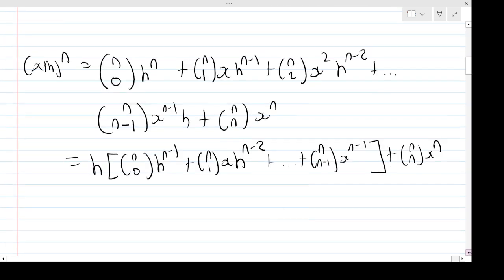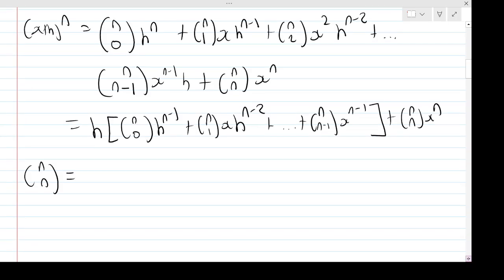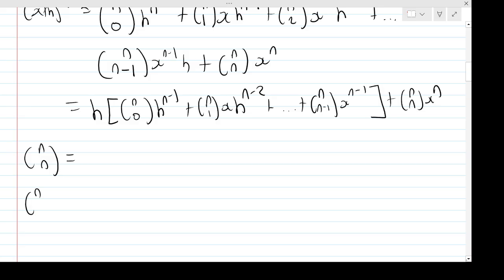Right, now, the final thing I want to look at is this bit here, this n choose n, x to the n. Now, n choose n, if we use this formula here, so in general, n choose r is n factorial over r factorial times (n minus r) factorial.